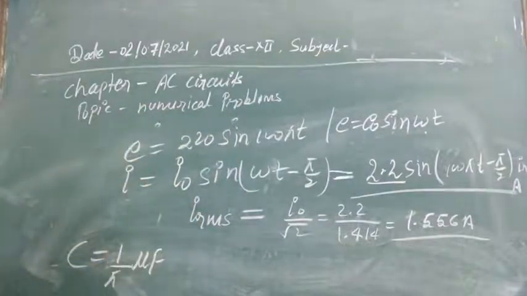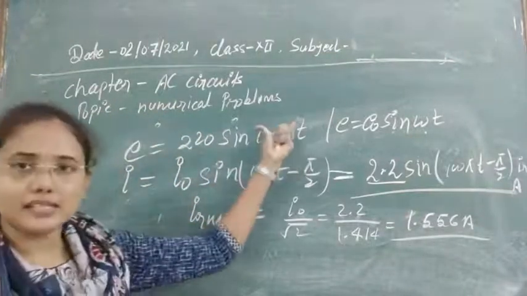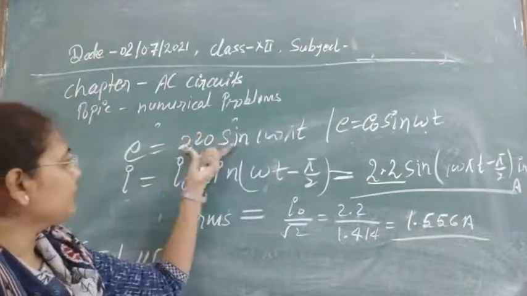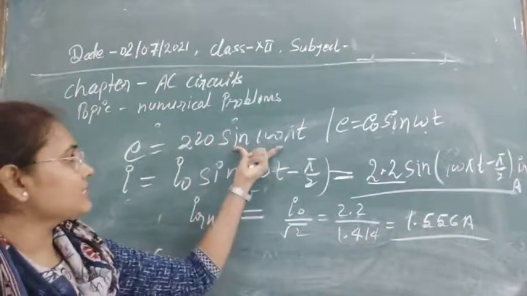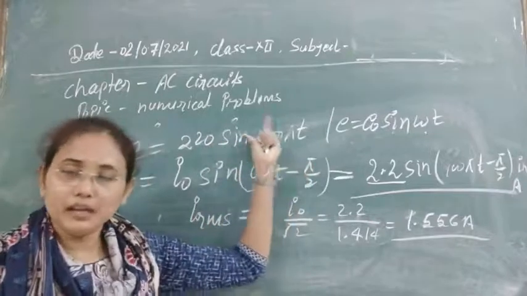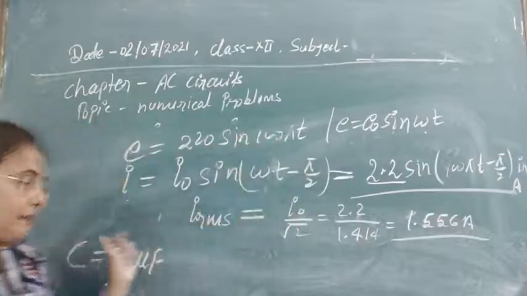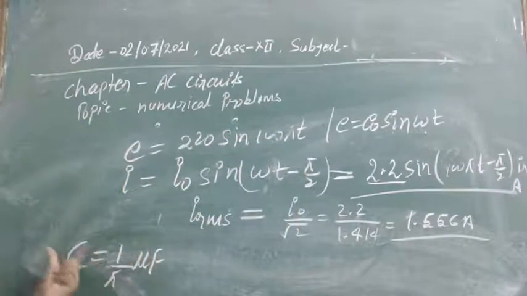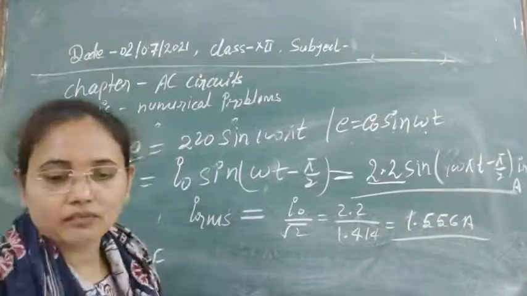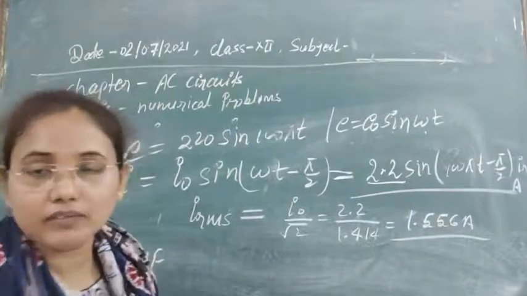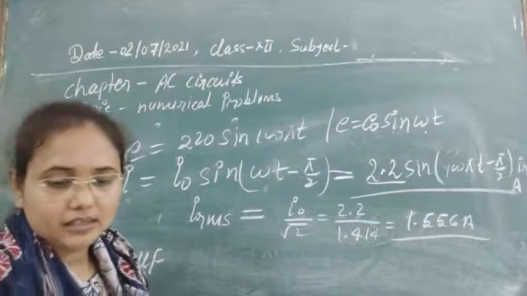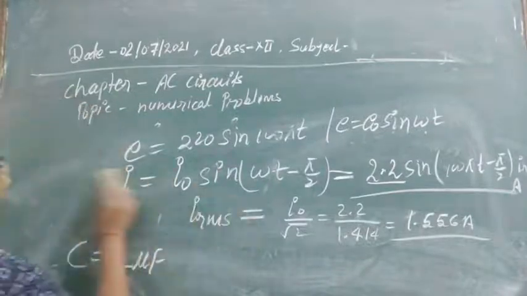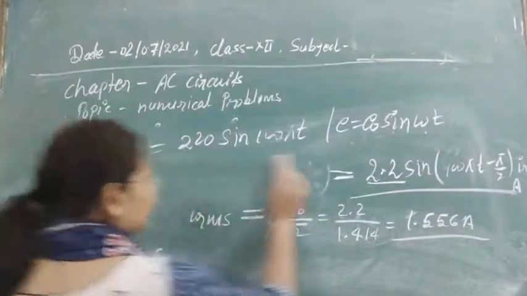In the same problem all the data are the same, the instantaneous EMF given is the same, and the frequency is the same. Only the capacitance value is changed. So for the pure capacitive circuit, what will be the instantaneous current and the RMS value? We can solve it by the same method.